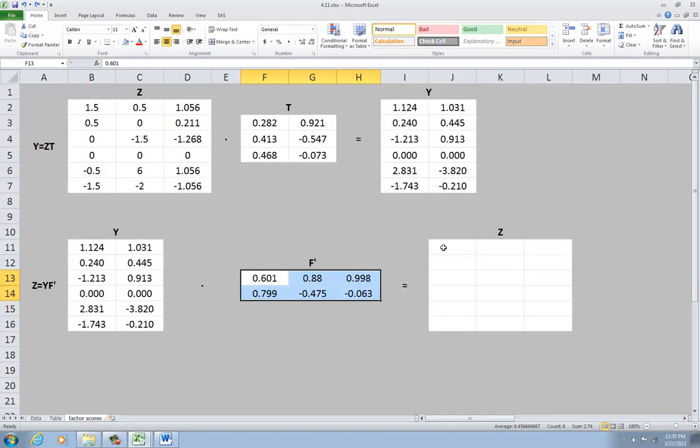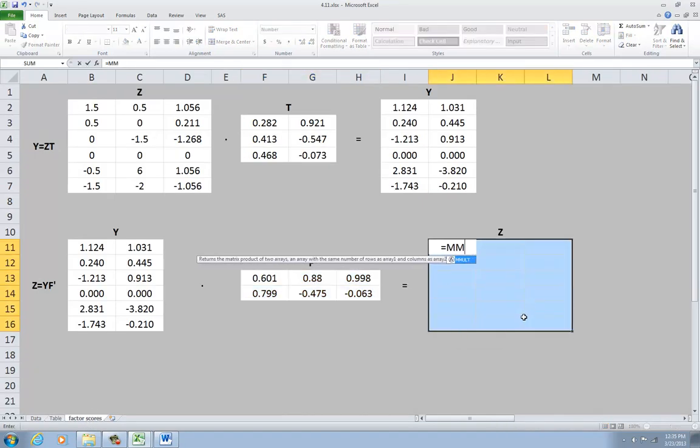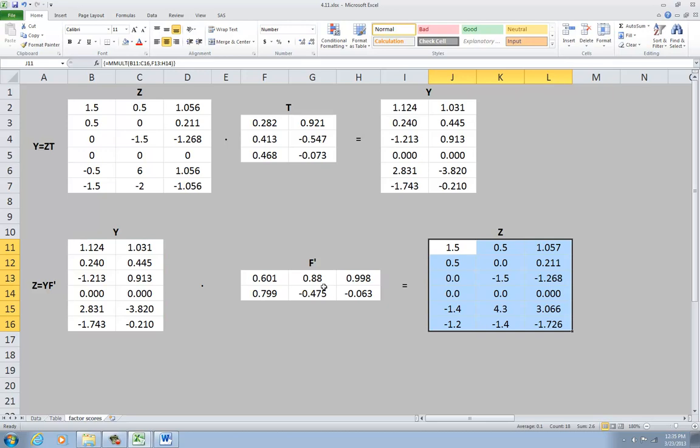When we multiply those together, you can notice that the process is completely reversible. So when we do this, we get Z again, with obviously some rounding error.